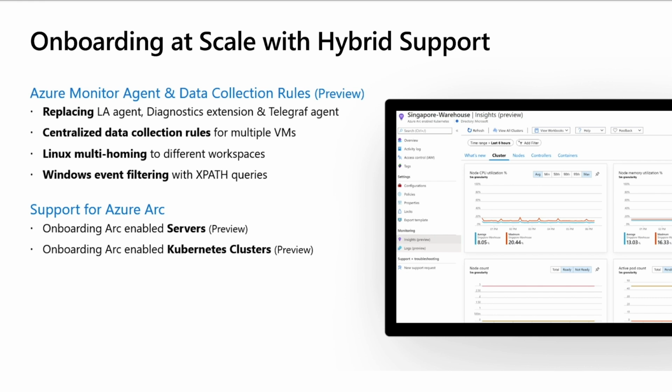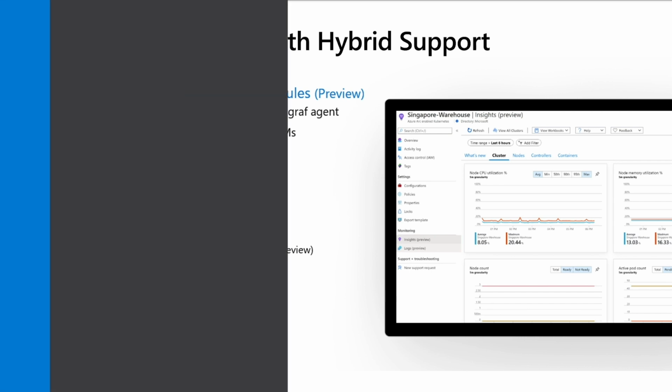So if you go to, let's say, container monitoring, you can see both your AKS clusters as well as Arc-enabled clusters in that same single experience and start correlating and diagnosing your hybrid environment in one single place.